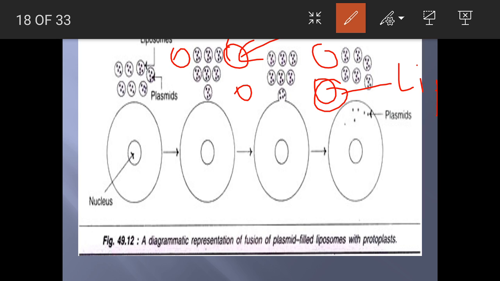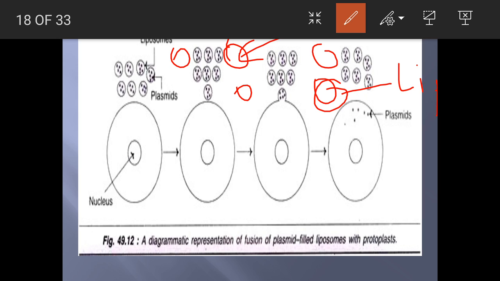Now the question comes, why must the liposomes be made up of phospholipid bilayer? It is because we want to transfer our desired DNA or gene into another plant or another cell, for example a protoplast.